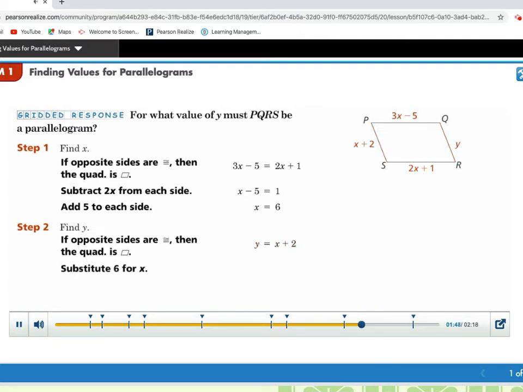Substitute 6 for x. Simplify to find y. So in order for figure PQRS to be a parallelogram, the value of y must be 8.